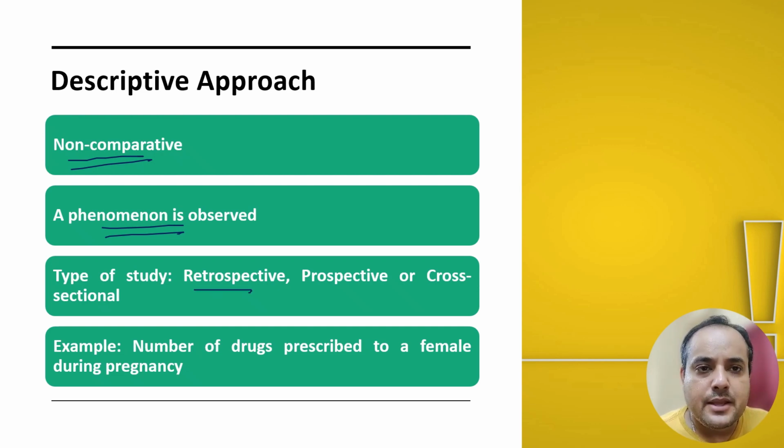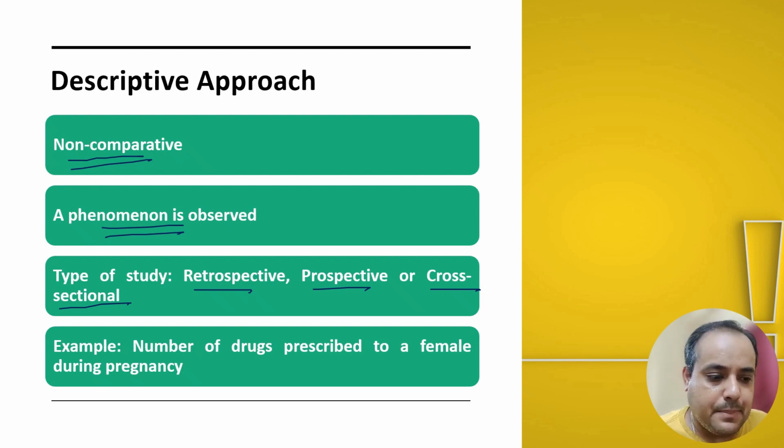Retrospective means that we have got the effect, now we are moving to the cause, right? We are going in the backward direction. Prospective means we have the cause and we are moving towards the effect, right? That is the forward looking studies. Or even cross sectional studies are the studies that are conducted at a particular point of time only.